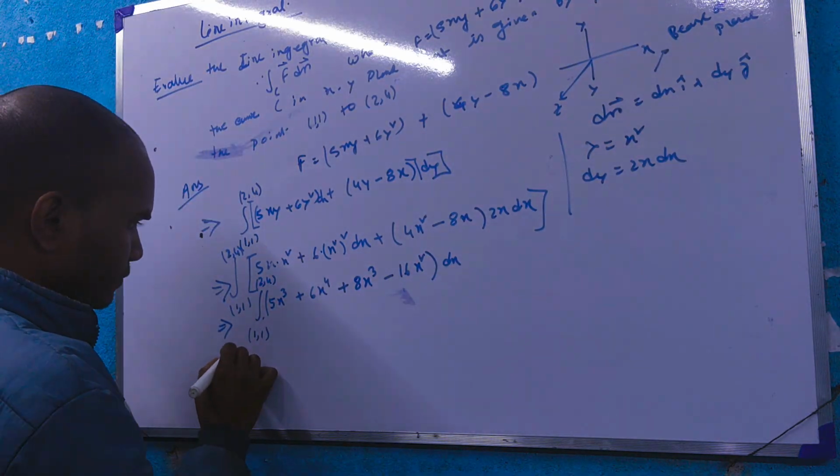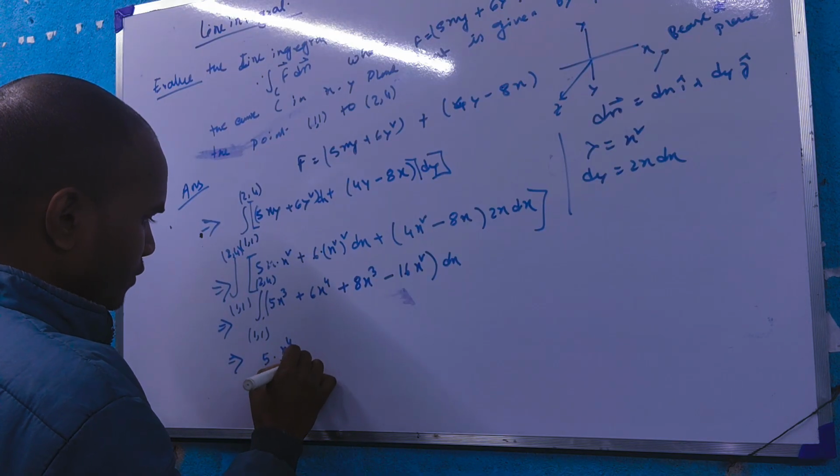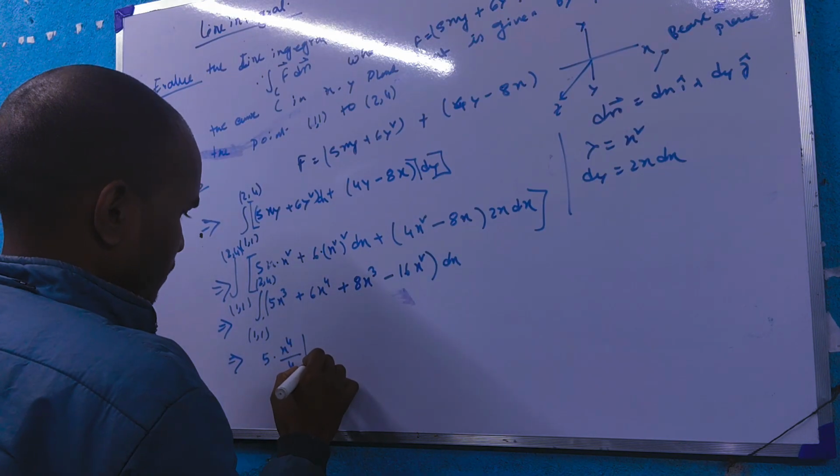So after that, 5 into x to the power 4 divided by 4.